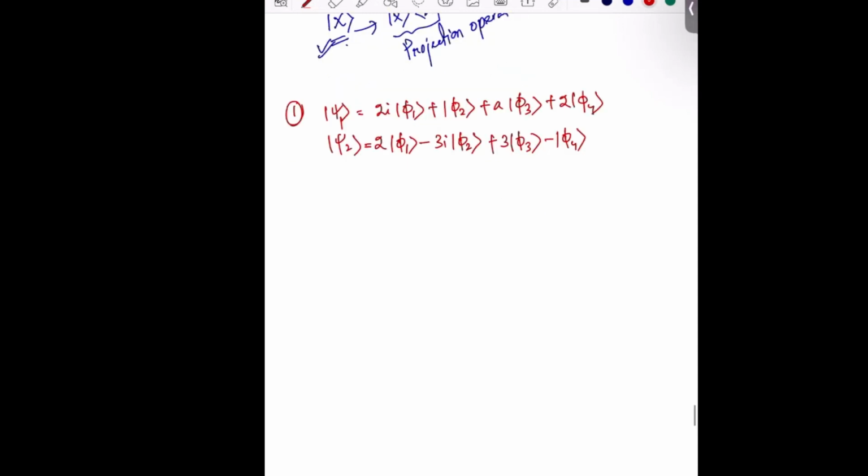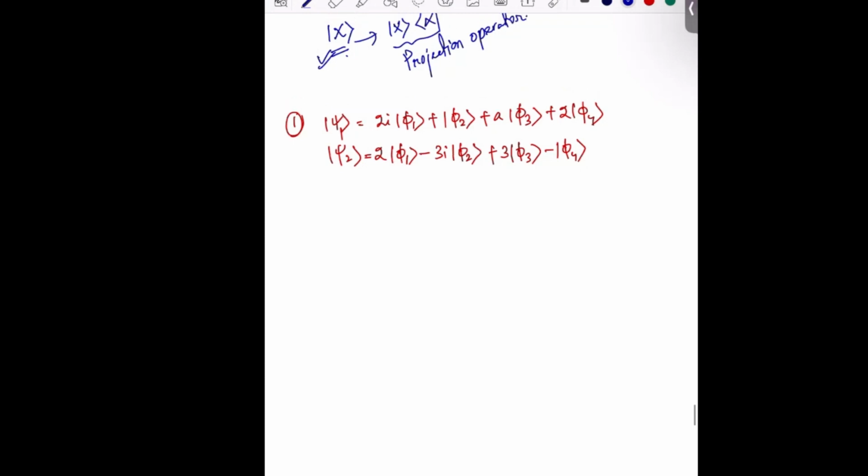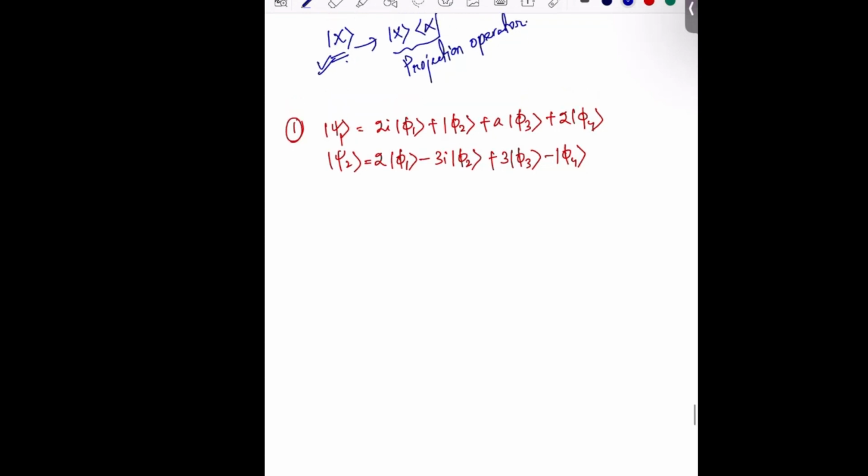Okay. So Harish, you are getting some different value, right? Yes, ma'am. I think in the wave function, a should be negative. Then the option will match. So what is the answer you are getting?